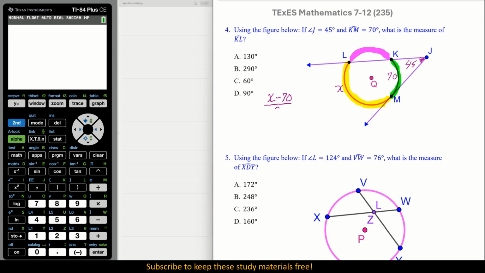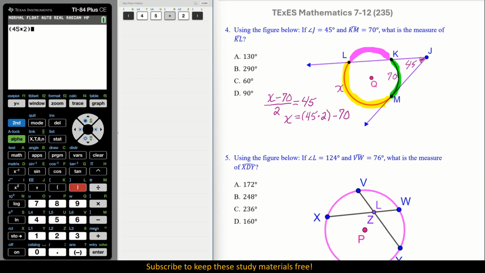Divide all that by 2, and we know that equals 45. So to get X, we know we have 45 times 2 minus 70. Okay? All right, so let's put that in the calculator.